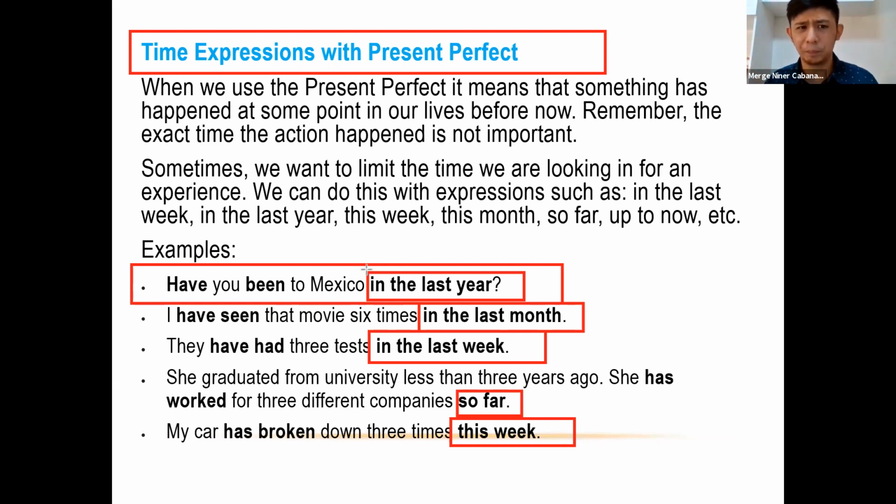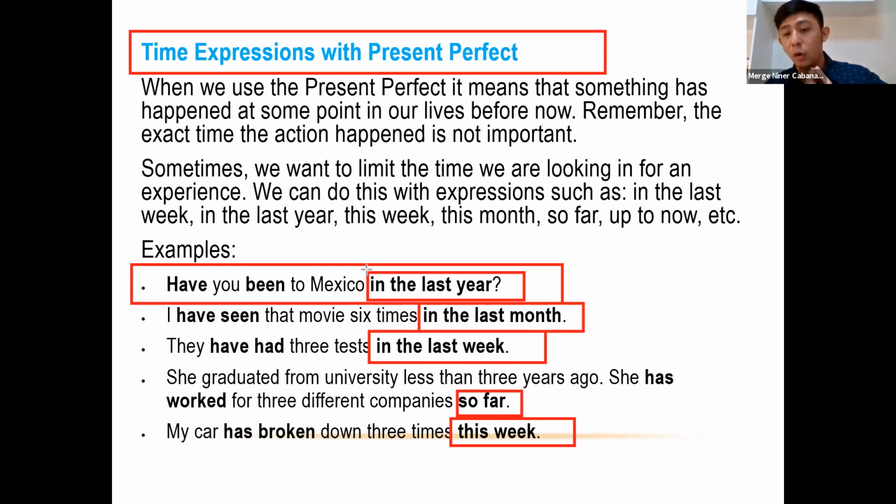So sometimes we want to narrow down the listener or the reader's idea of when the action might have occurred. So in this case, I asked the person, have you been to Mexico in the last year?